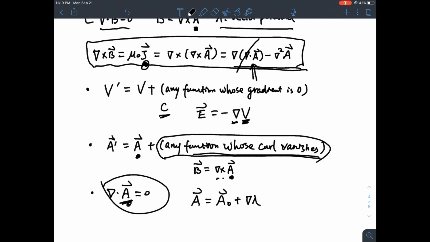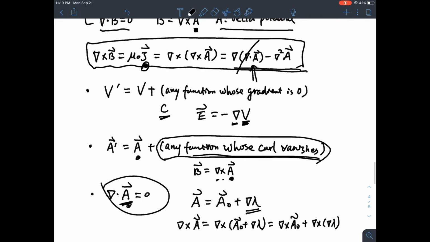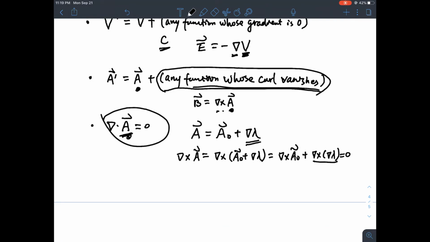I put it as a gradient. The reason is that del cross A is now del cross A0 plus del lambda, which is del cross A0 plus del cross del lambda. For any scalar function, the curl of its gradient is 0, so this term is 0.